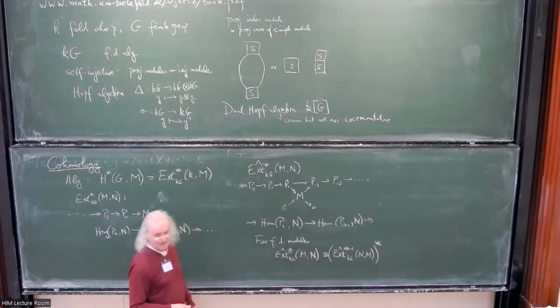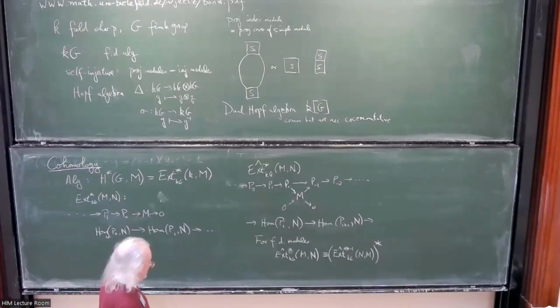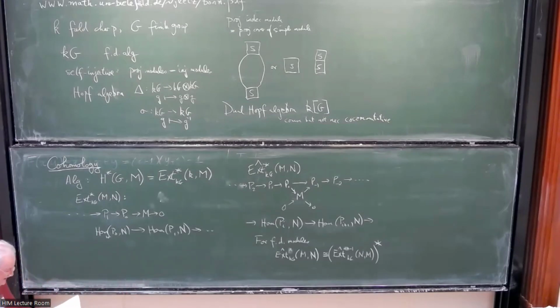You really don't need M to be finite dimensional. Have I got that right? Do you need some stars on your M and N as well? No, okay. I don't think so. I think it's correct as is.